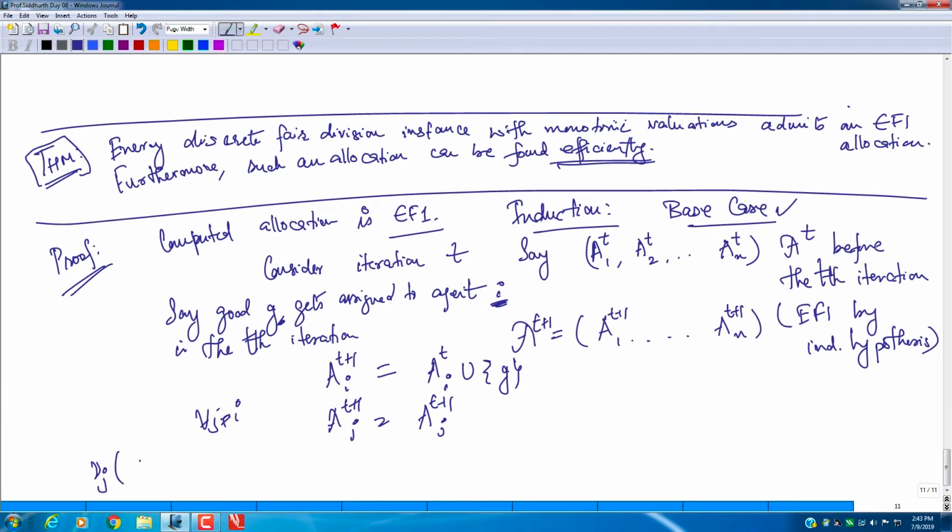So I look at any other agent, I look at J. So there are two cases. So the first case is I'm considering J and I. So why do I have this inequality?